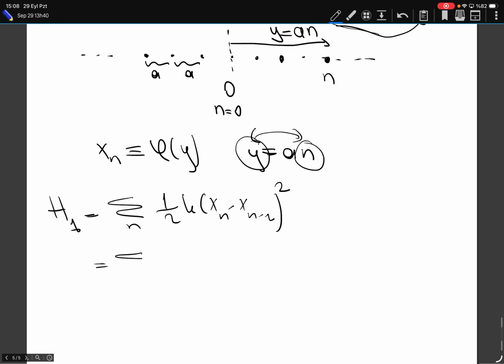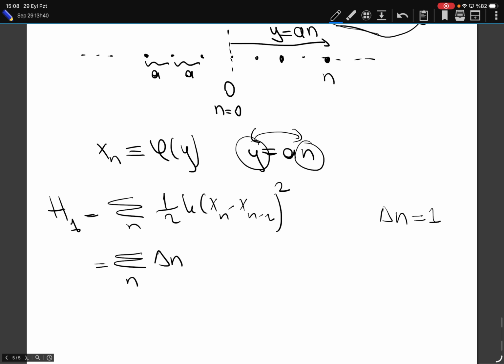Well, this is, if you like, a sum over n. Let me put a delta n over here, because delta n is 1. I will eventually be converting this to a Riemann integral. So I'm summing over n and increasing it 1 by 1, so delta n is 1.